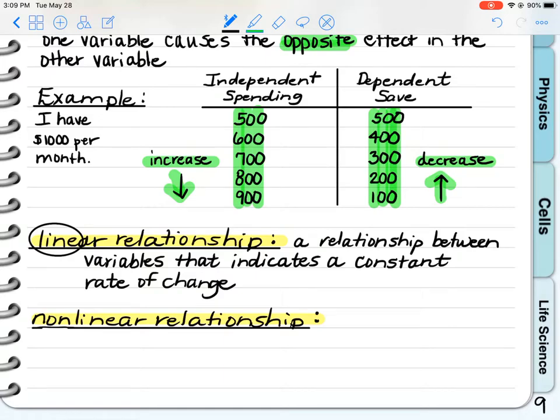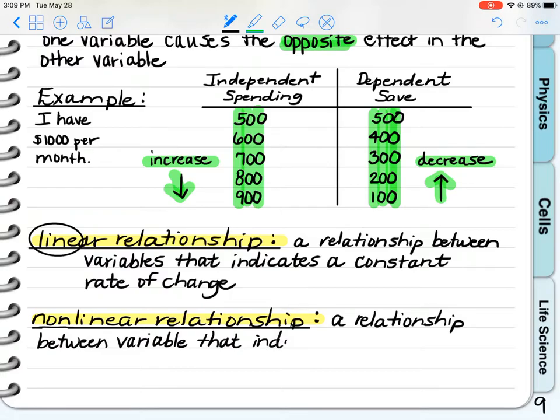And then a nonlinear, or not in a line, relationship is a relationship between variables that indicates the rate of change is increasing or decreasing.